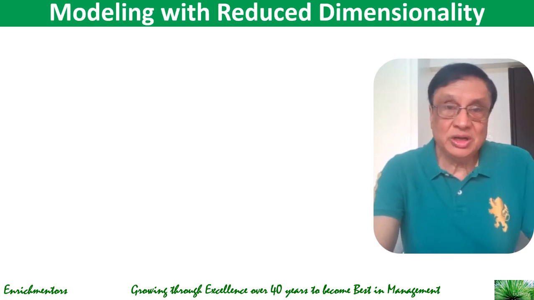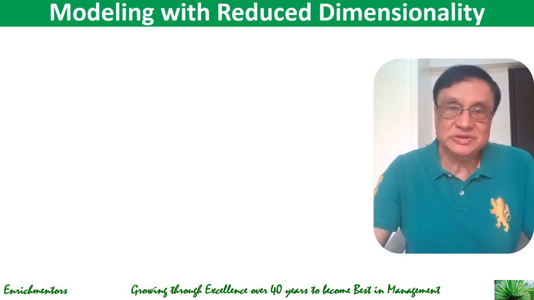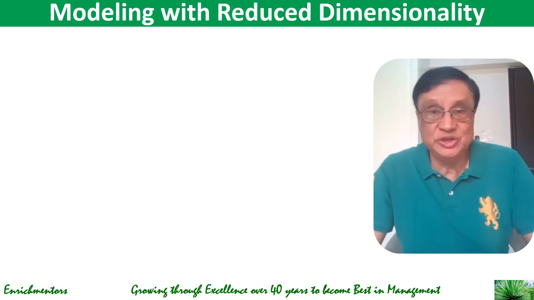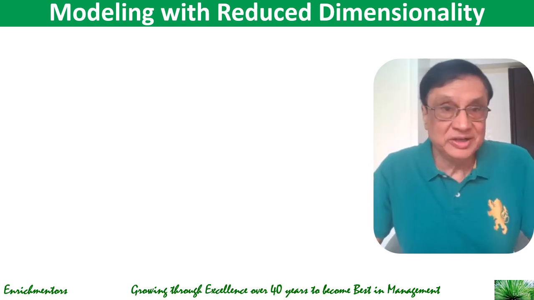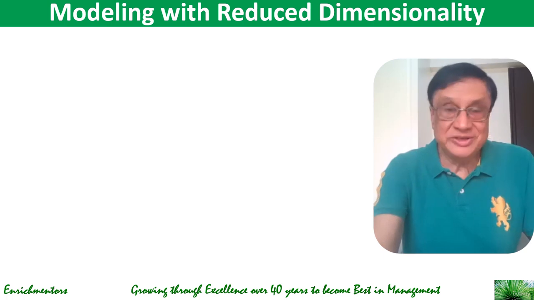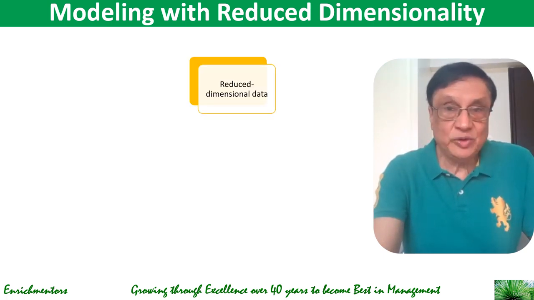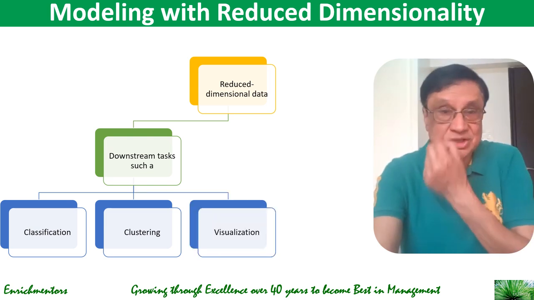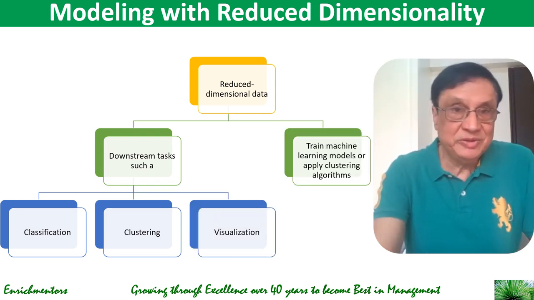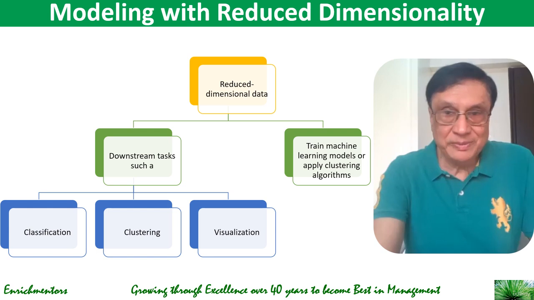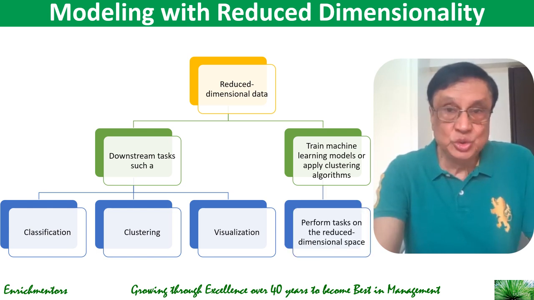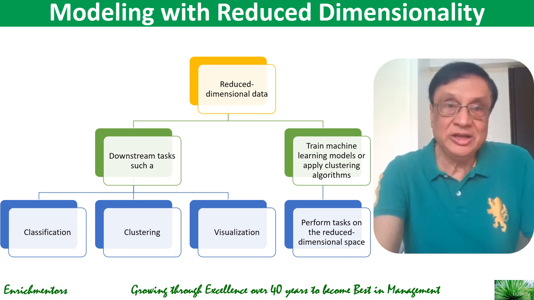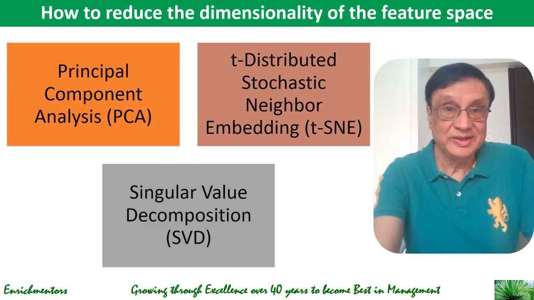Then you need to model, because the ultimate purpose of reduced dimensionality is to see whether you have an optimal model. So you use the reduced dimensional data for downstream tasks such as classification, clustering, or visualization, and you train machine learning models or apply clustering algorithms using the transformed data. The final proof of the pudding is whether your model is working well.